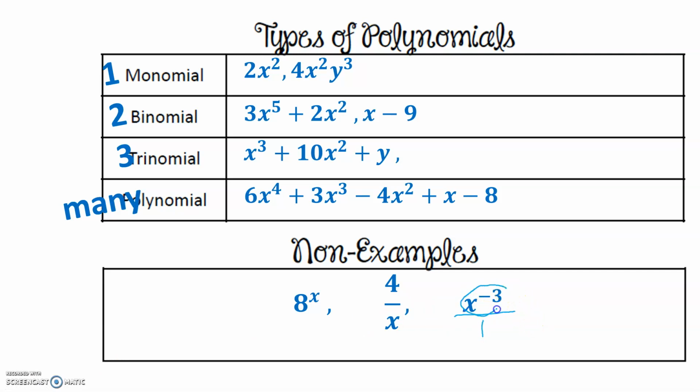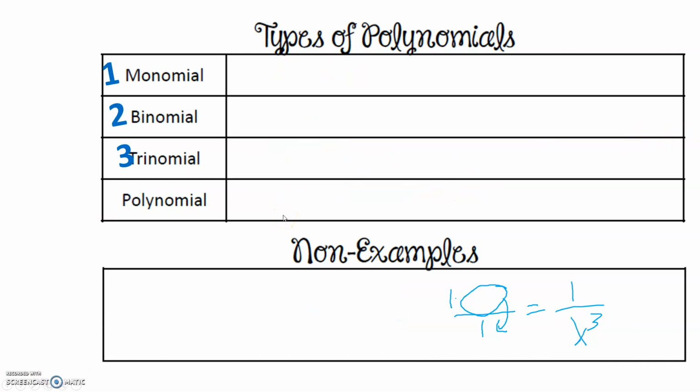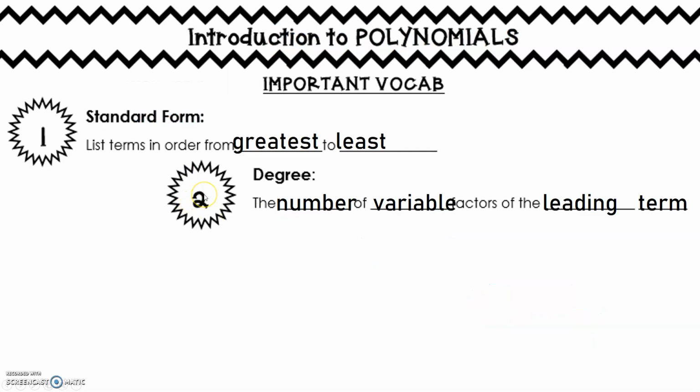And then because this is a negative exponent, we're going to move it to the other side. And now this becomes 1 over x to the third. And then we've got a variable at the bottom here again, which is why this is not an example of a monomial or polynomial. All right, now we're going to go ahead and talk about standard form and degree.